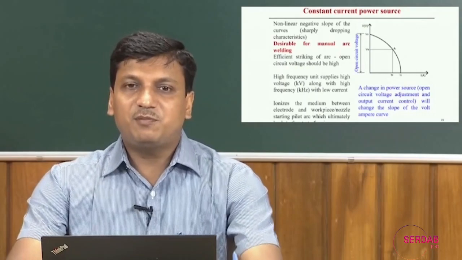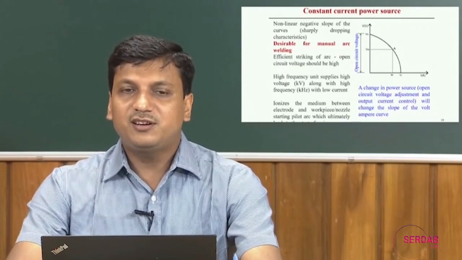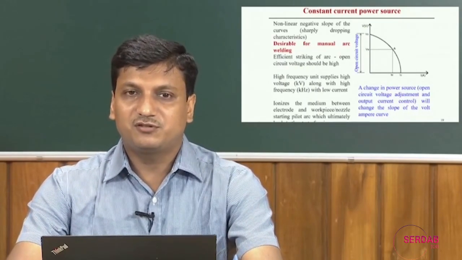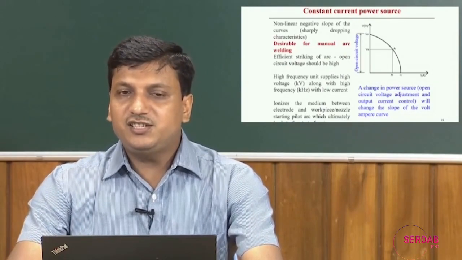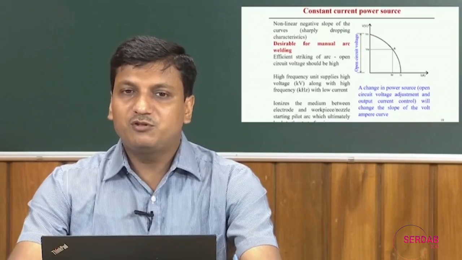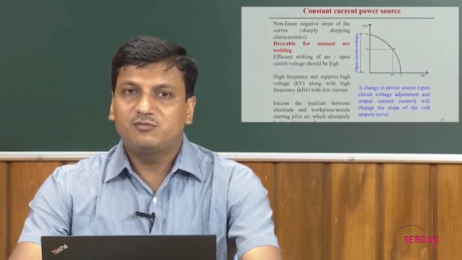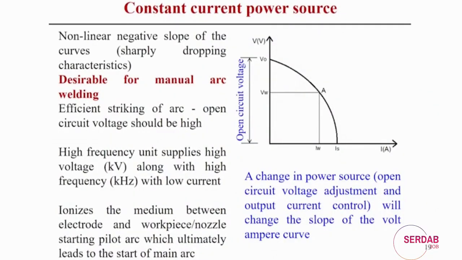So, this type of power source is basically desirable for the manual arc welding process, and it reflects that in a change in the power source, that means the open circuit voltage adjusts and also controls the output current, and that is basically represented by the change of the slope in this volt versus ampere characteristic graph of this type of power source.